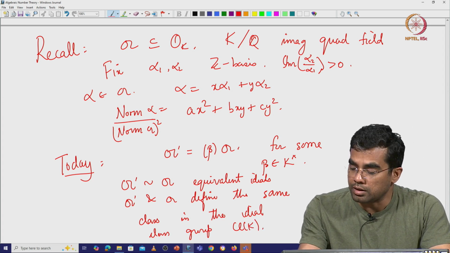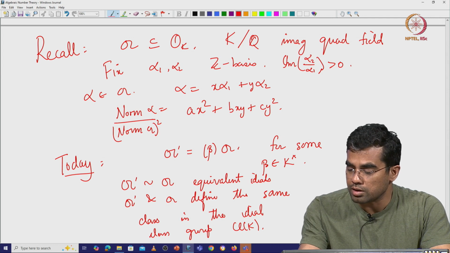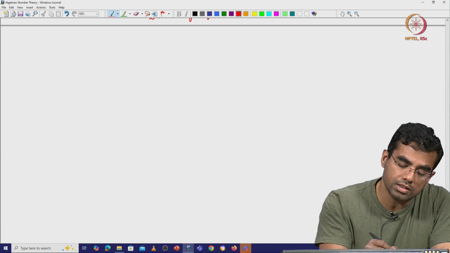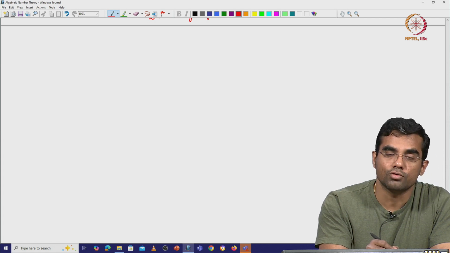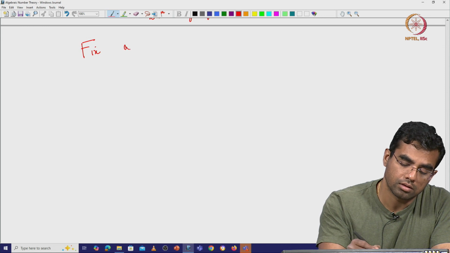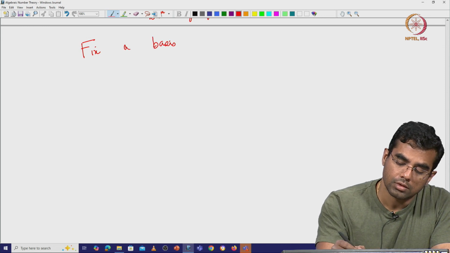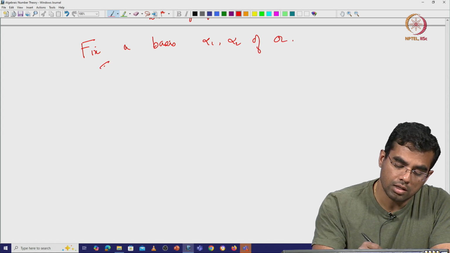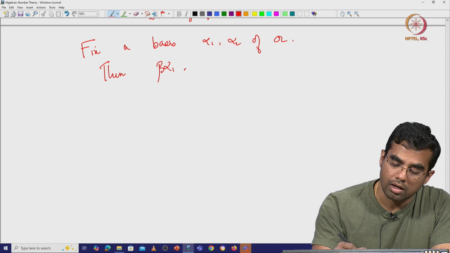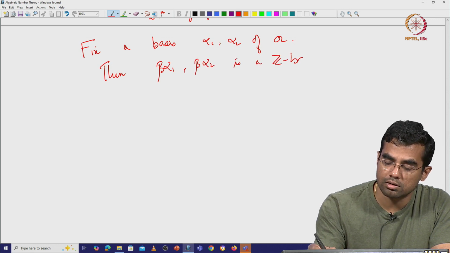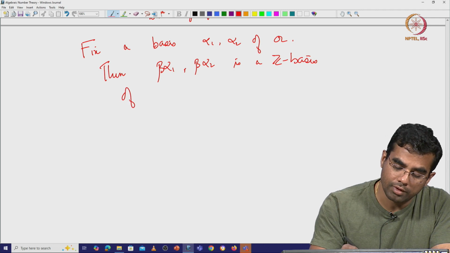Well, I will tell you that you actually get the same binary quadratic form, not just equivalent, and the reason is the following, as long as you fix a basis. So, fix a basis alpha 1, alpha 2 of A, then beta alpha 1 and beta alpha 2 is a Z basis of A prime.